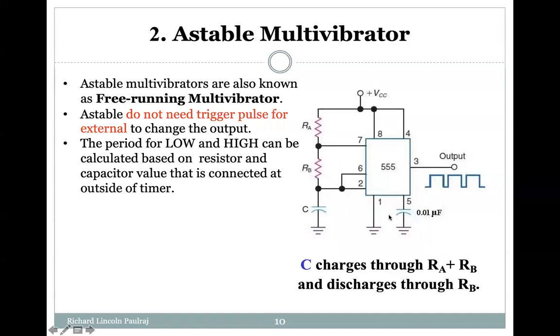The value of this capacitor is going to be 0.01 microfarad. Usually we use a ceramic type of capacitor here. The periods for low and high can be calculated based on the R and C values connected outside the timer, so I can configure the values of R and C outside.